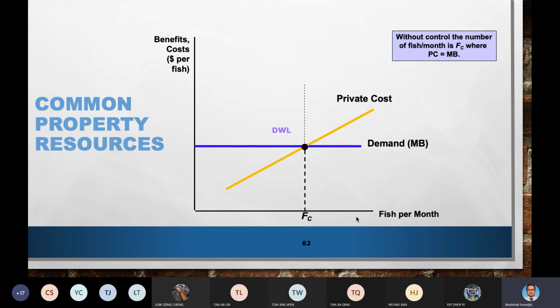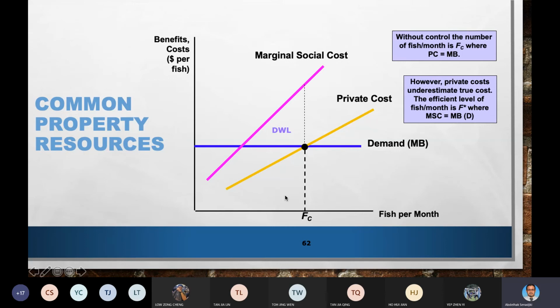So the efficient level of fish per month or per day will be here, F star, because the person who controls the lake will consider the marginal social cost. If everyone comes, we produce here.